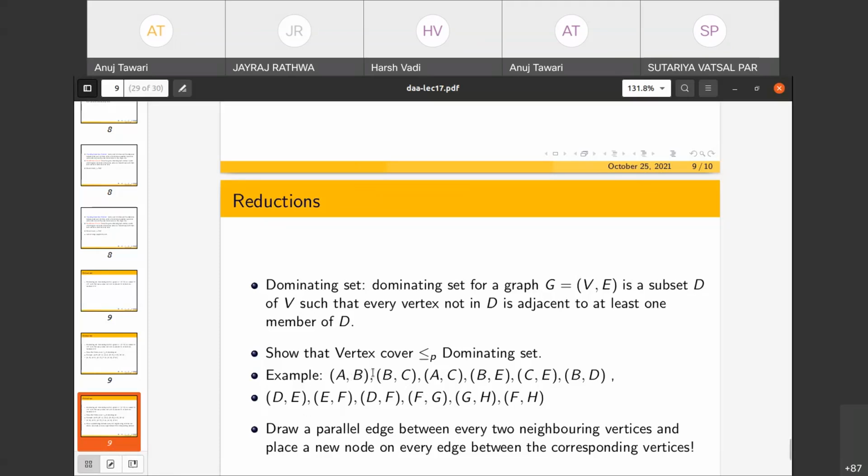Okay, so what I mean is, let's say I have some new node, let's say I. So instead of A B, the graph will have two edges, from A to I and I to B. Similarly, if I have this B C, then I introduce a new node J and I draw an edge from B to J and J to C.